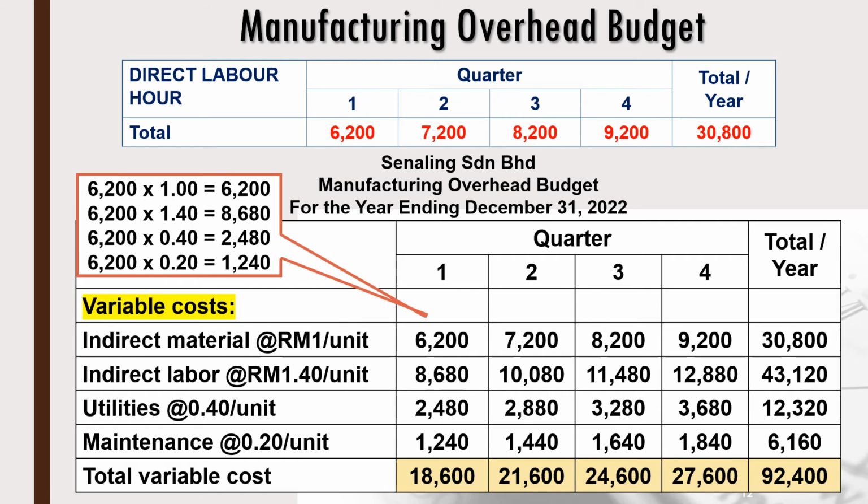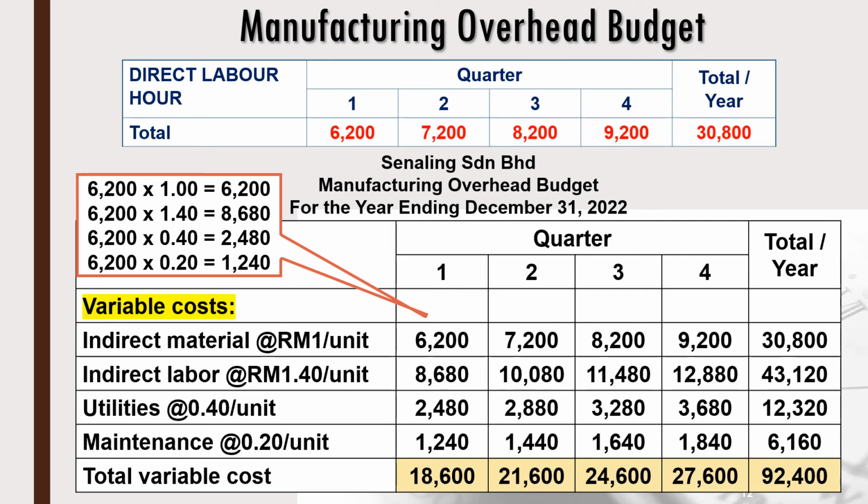Okay, now you sum up all the variable costs. For quarter 1, the total variable cost equals 18,600. For quarter 2, the direct labor hour equals 7,200. So you have to multiply all the direct labor hour with the variable cost per unit.